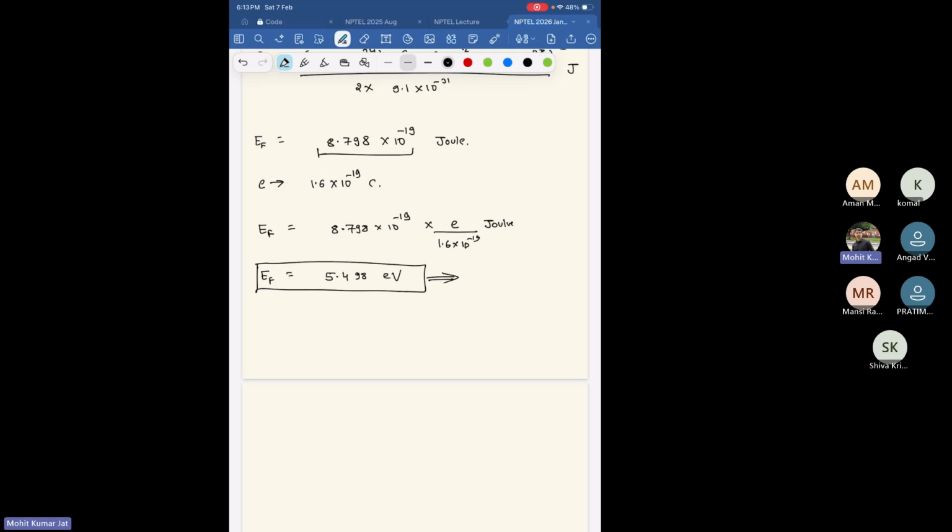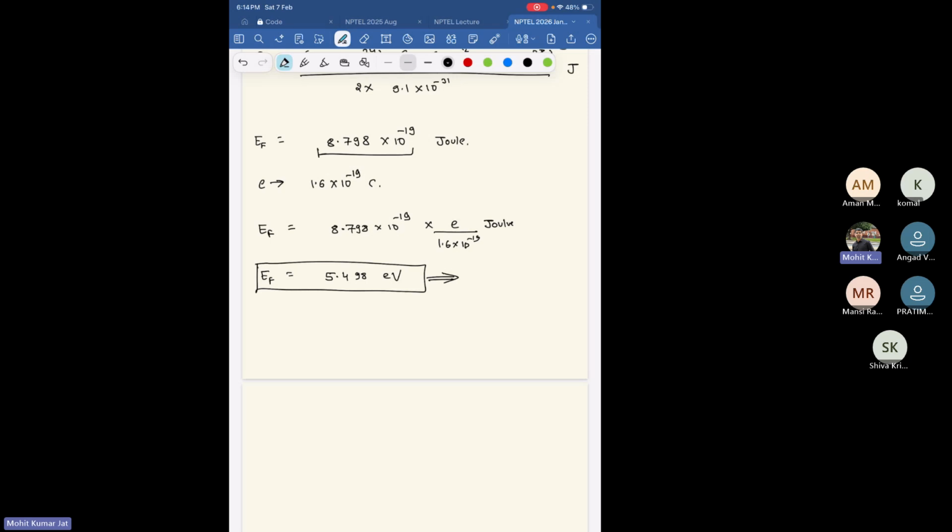And let me just maybe check the real number of the Fermi energy of silver. What is the real number for silver?